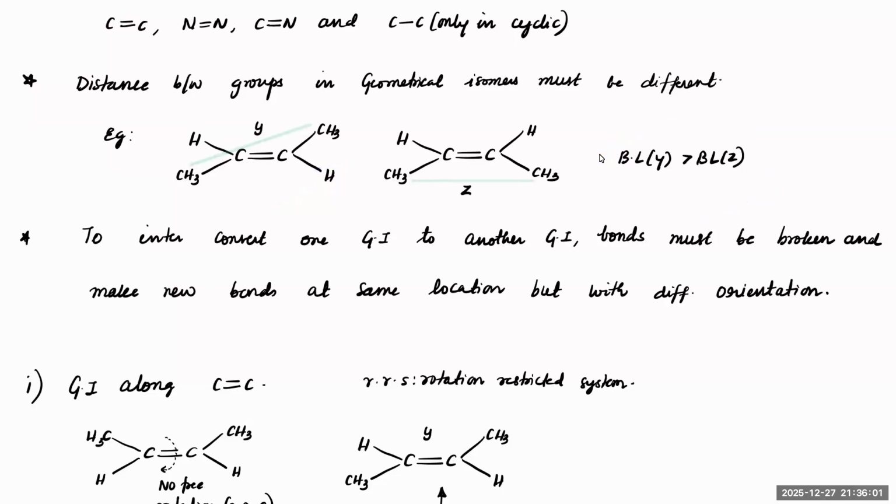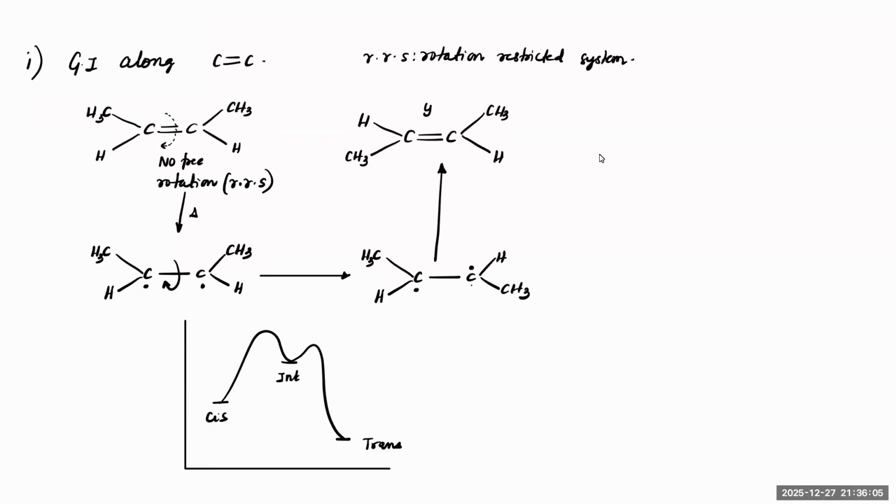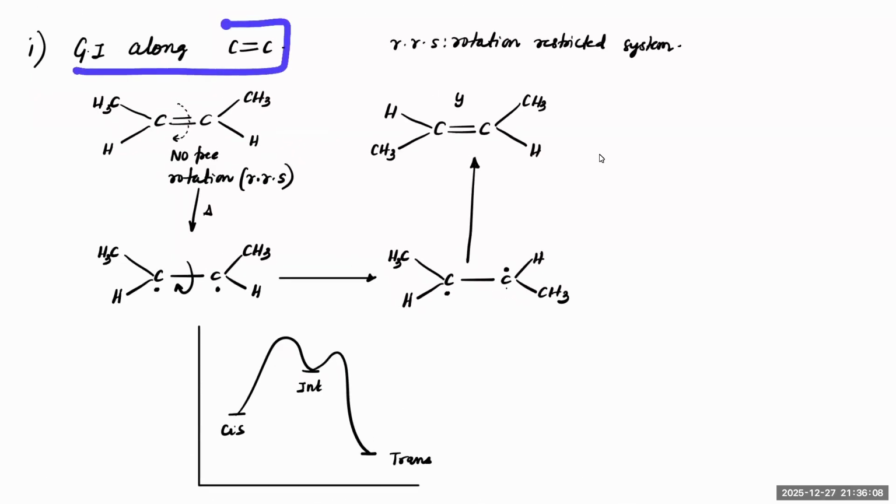Okay, clear? Notice geometrical isomerism across the C double bond C here. You can see hydrogens on the same side, and these hydrogens are on the opposite side. If I want to make it rotate freely, this pi bond is completely converted into dot and dot. It will become a single bond.